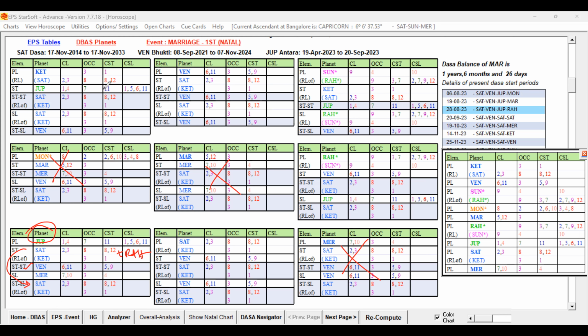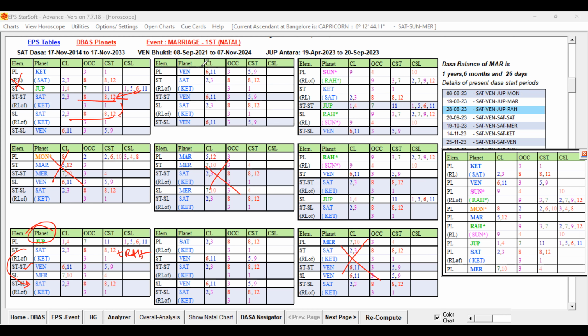And the star level is okay, but a 6 sublord is present. This is not good. 6 is getting support at this level. Again, this is not good. So this has some weakness. We can keep them, not in the waiting list. We can eliminate this planet also because of the star level and 12 level planets. 6, 8, 12 grouping are coming.